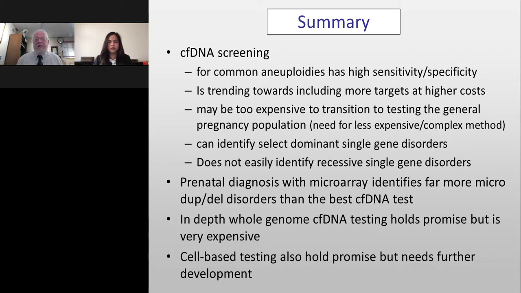So there's not the balance in the general population that you see in the high-risk population. And again, that may be why insurance companies and professional societies are holding back a little bit in recommending testing in the general pregnancy population. Thanks.